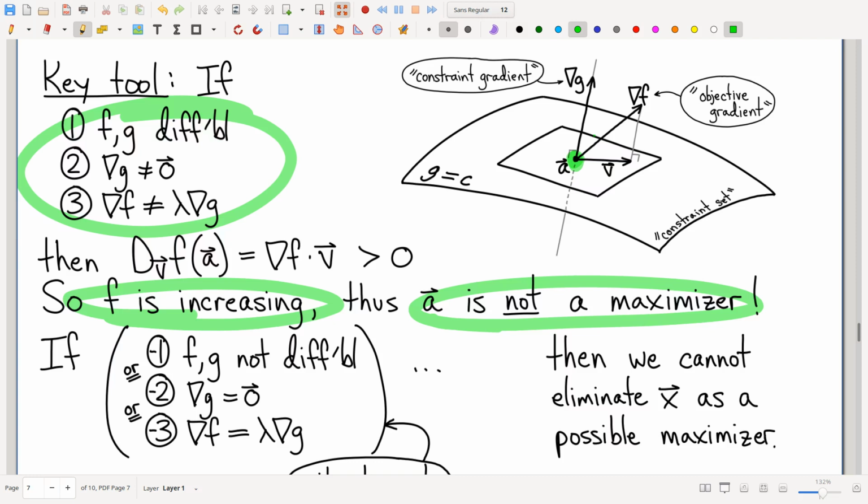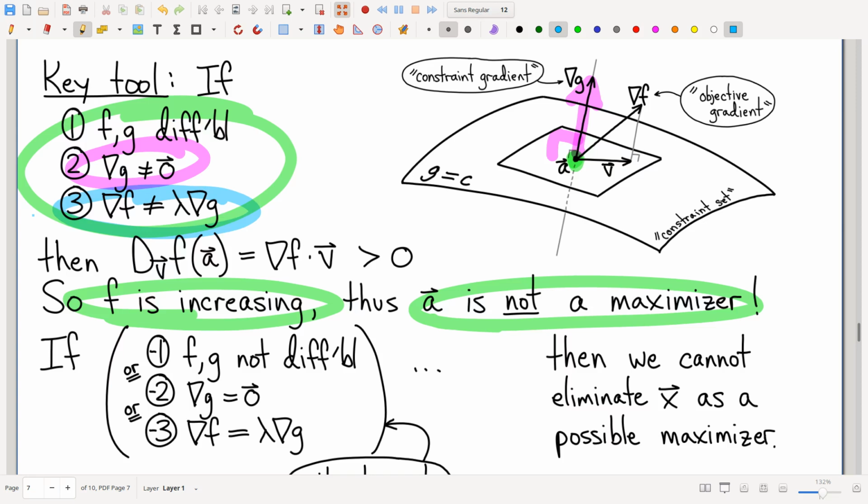What is it about this picture that allows me to instantly eliminate this as possibly being the maximum? Well, my two functions are differentiable, so I can use derivatives, gradients, to talk about how the functions are changing or not changing, and that's all legitimate. And it says right here that my constraint gradient is non-zero. We know something about gradients: gradients are always perpendicular to level sets. That's why we wanted to set up the constraint level set. So I know that my constraint gradient is pointing perpendicular to the surface. And then what does this tell me?